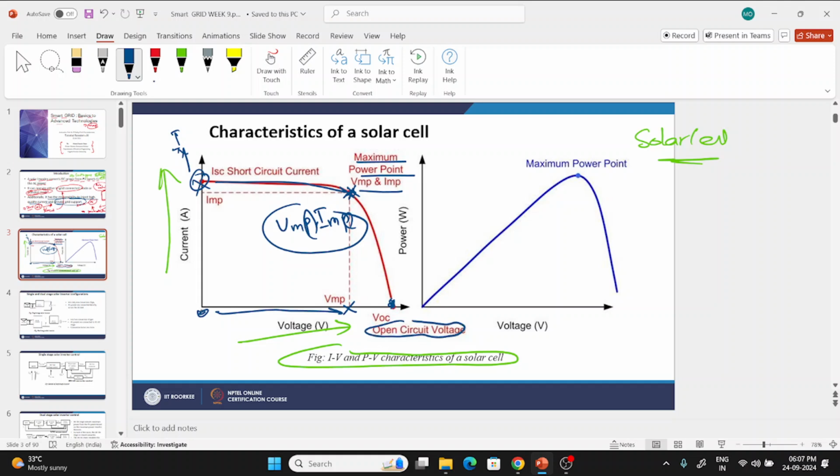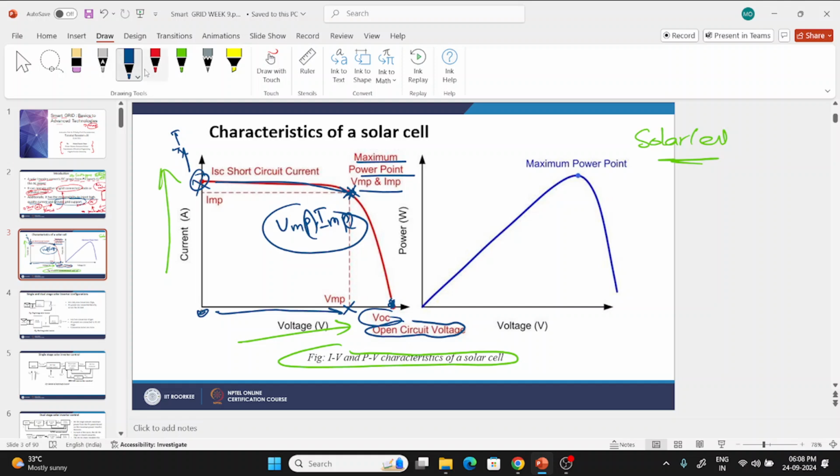At this point, you can see that the current gets decreased down to zero or a minimum value, and at that point the voltage is the open circuit voltage.